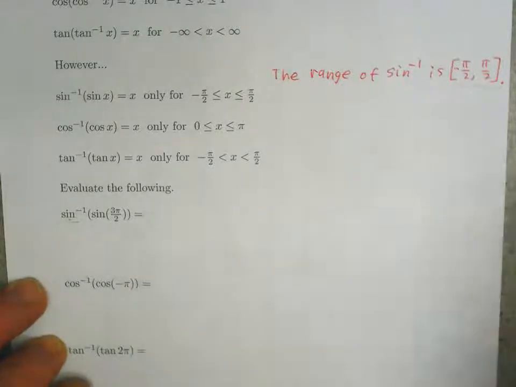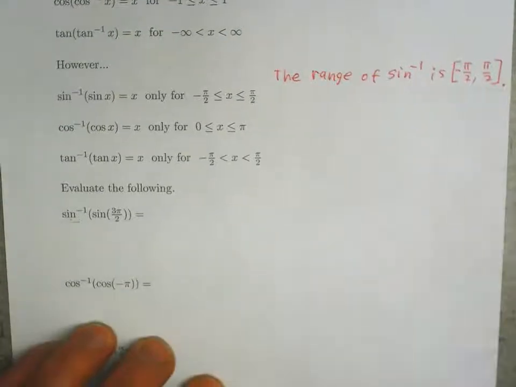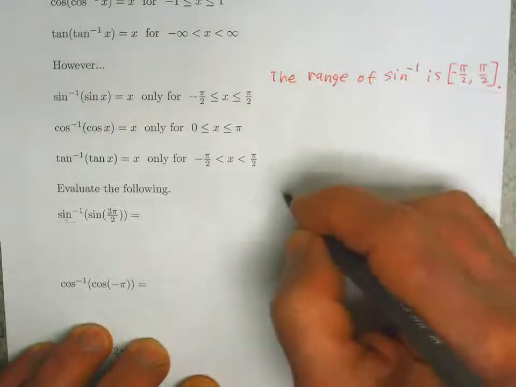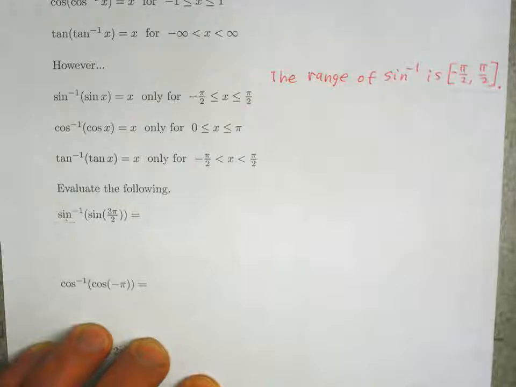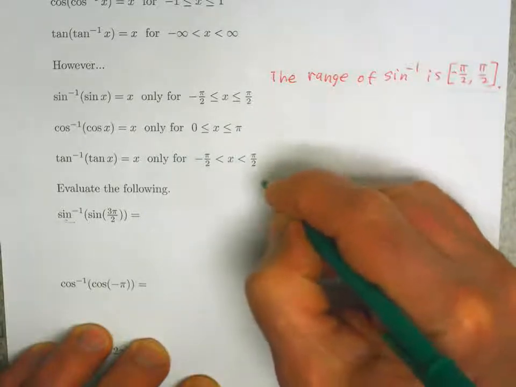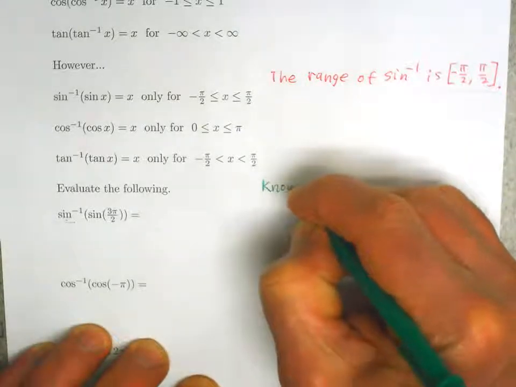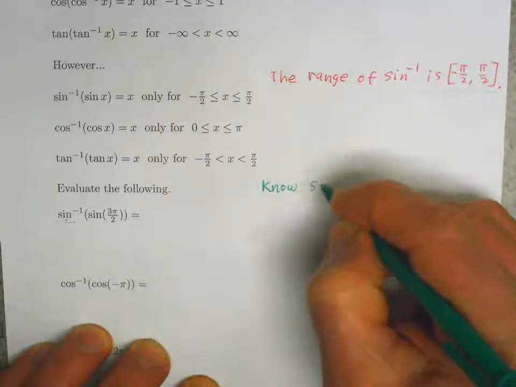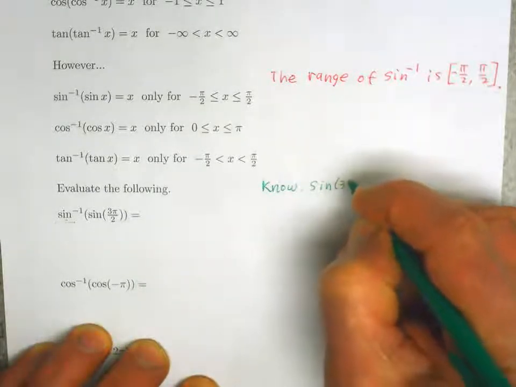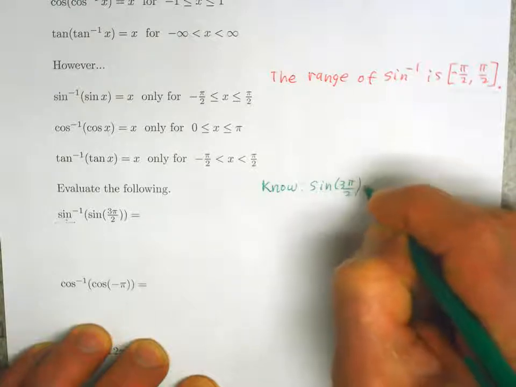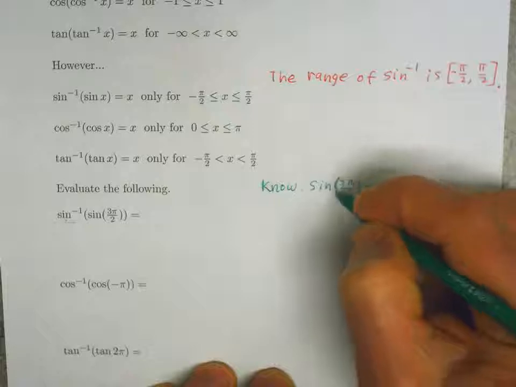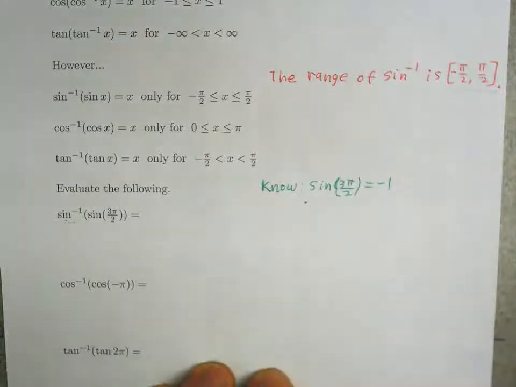So what do we do? Well, one thing we know, 3pi/2 is a special angle. Sine of 3pi/2 equals -1. So this is one of those values to learn by heart.